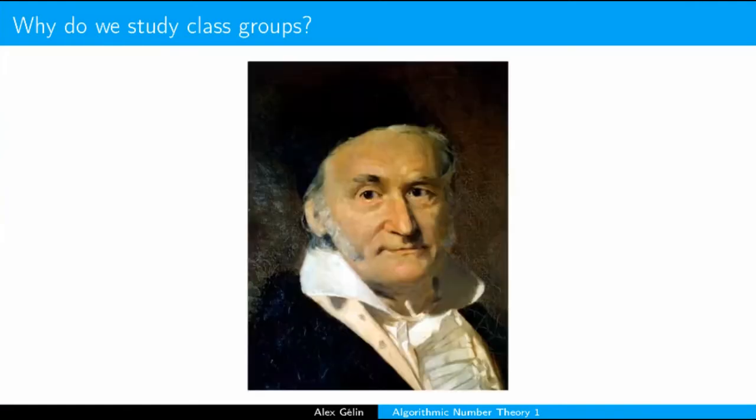The first question I want to answer is why do we study class groups? And the first answer is a picture. I hope that everyone here recognizes him. He is the man from number theory, Carl Friedrich Gauss.